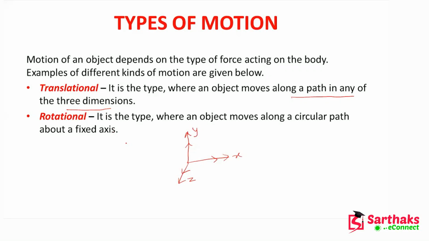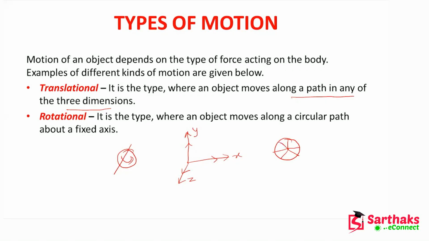Then rotational motion. It is the type where an object moves along a circular path about a fixed axis. Now, your ceiling fan moves with a fixed axis. Another object in a circular path is the tire of your cycle.